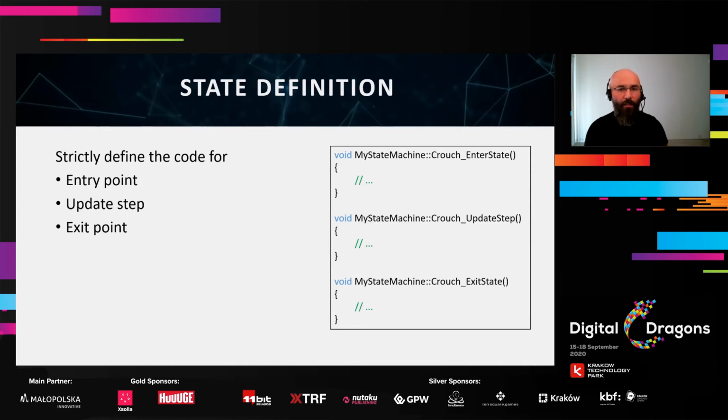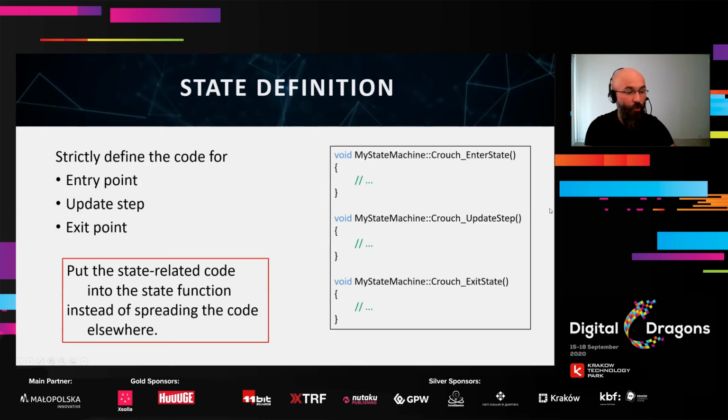So it is very good to strictly define the code for the entry point, for the update step, and for the exit point. Here I'm thinking about the crouch state. I have 3 methods in my state machine: crouch enter state, update step, and exit state.